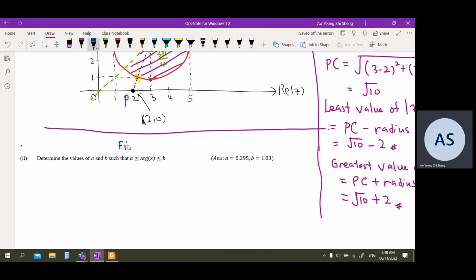And they want us to find the lower bound and the upper bound.